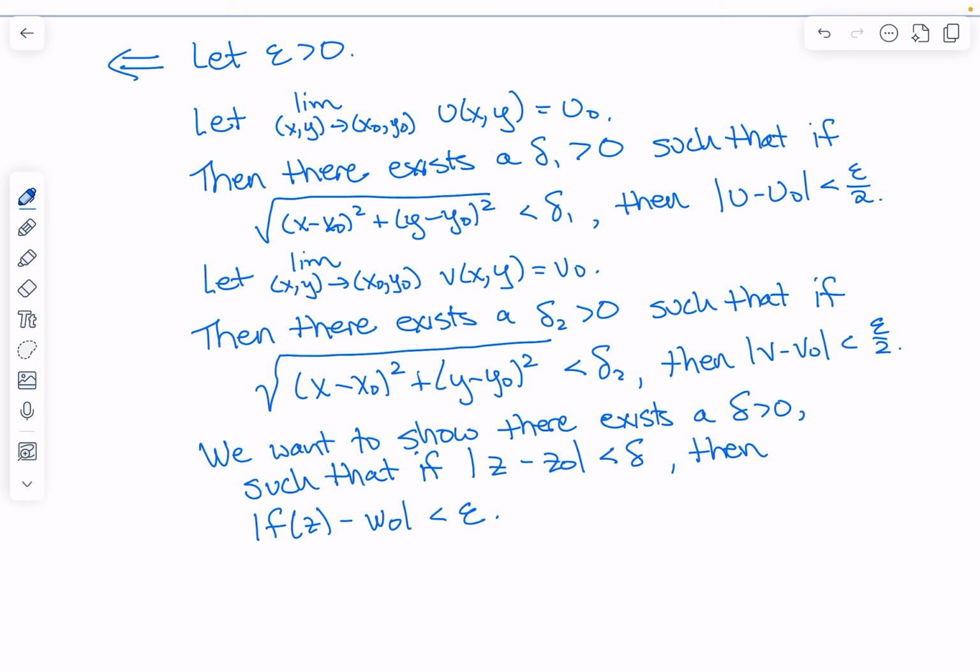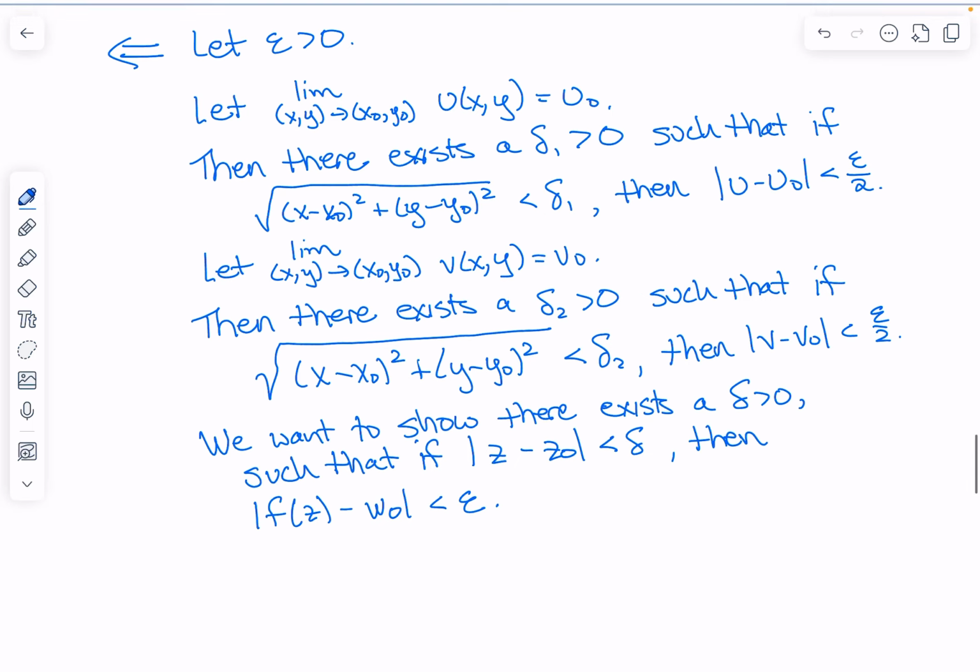Okay, so now we have established that the real limits exist, and now we want to show that that complex limit is indeed w0.